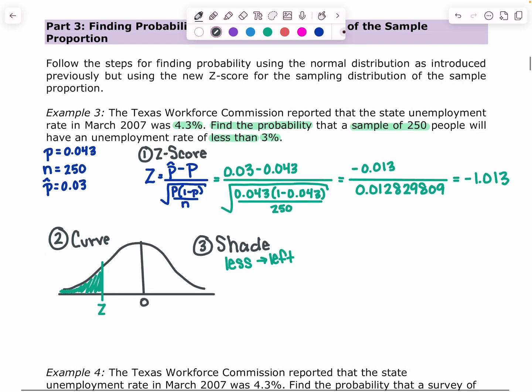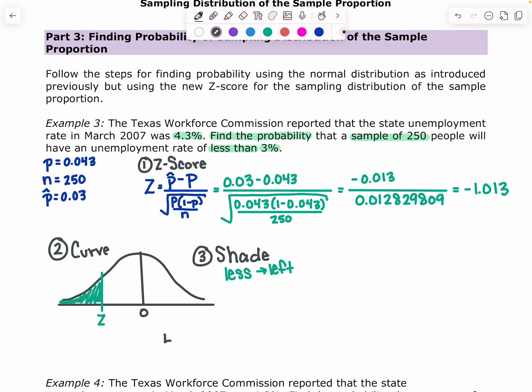And then finally, step 4, we go into Excel and we do equals norm.s.dist because we're finding the probability, negative 1.013, comma, true.